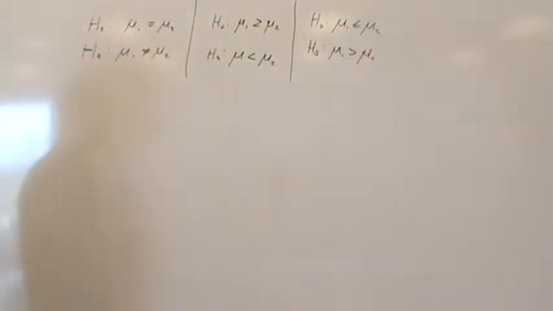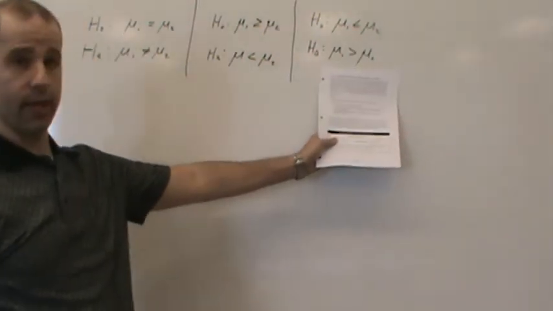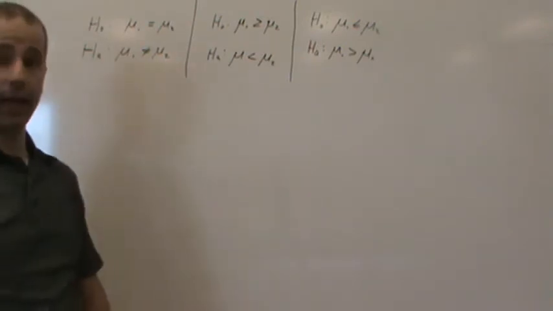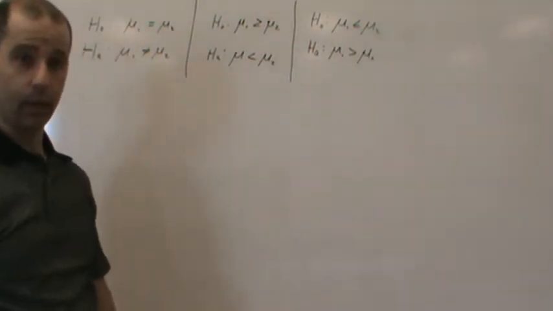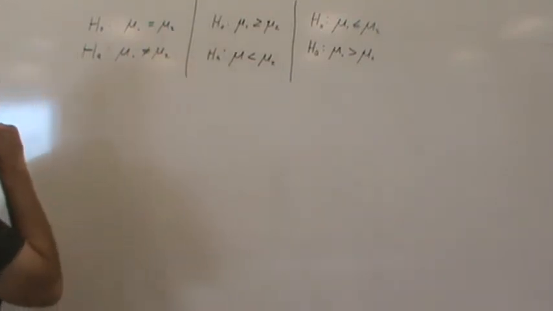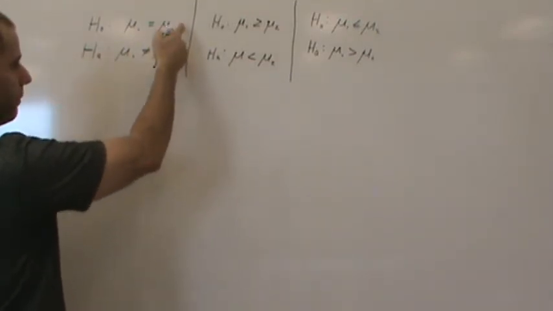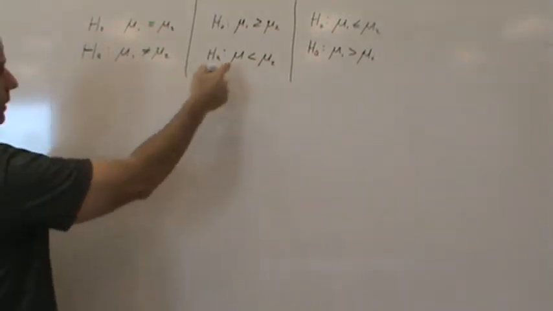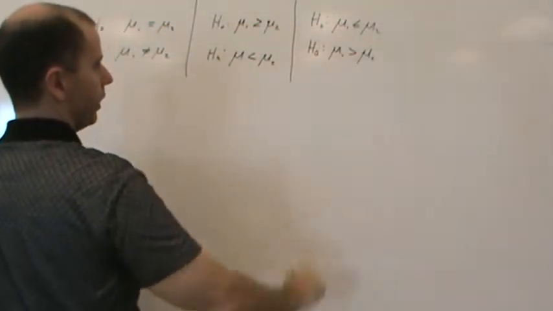So those are the three sets of hypotheses. Whether it's this one or this one is going to be determined by the claim. What is the claim in the problem? And of course, we're going to notate which one is the claim parenthetically out in the margin here. And of course, we've got our two-tailed test, left-tailed test, and right-tailed test. Same thing that we talked about in chapter 9.